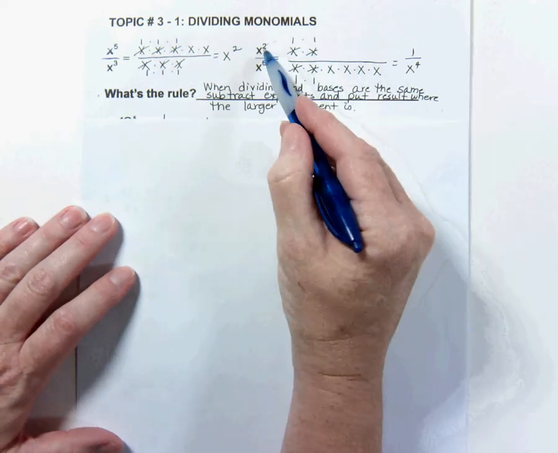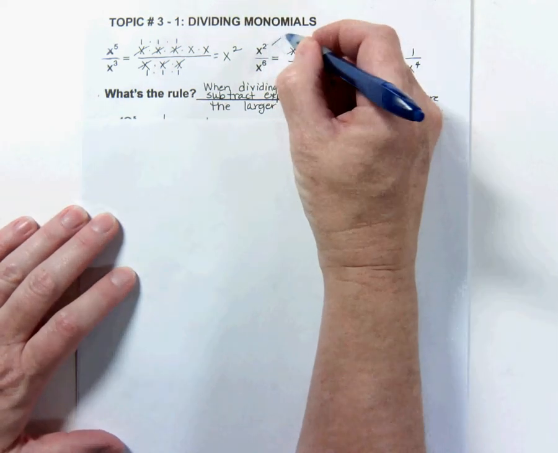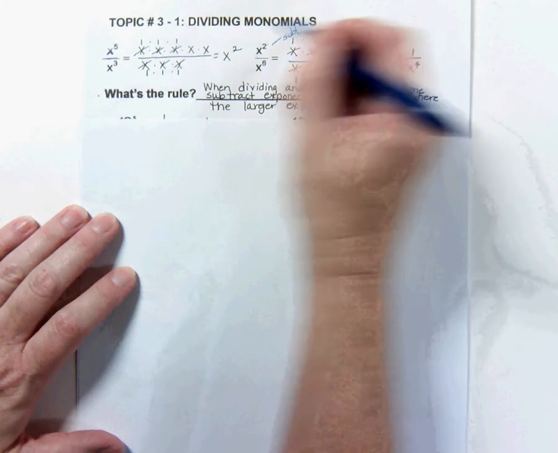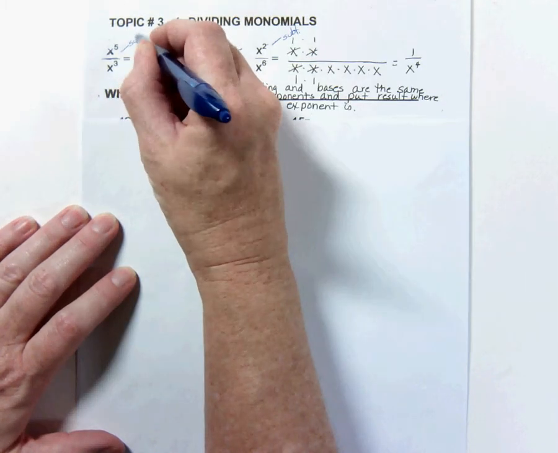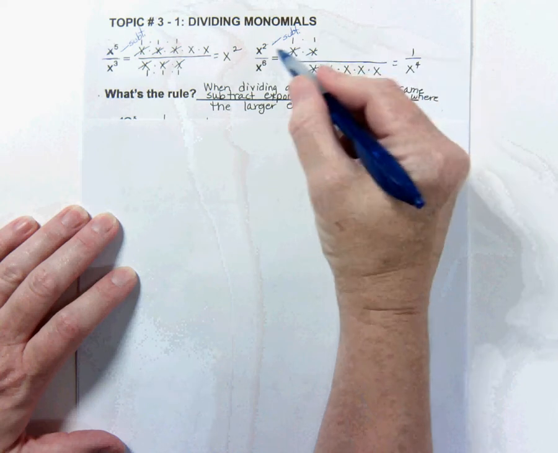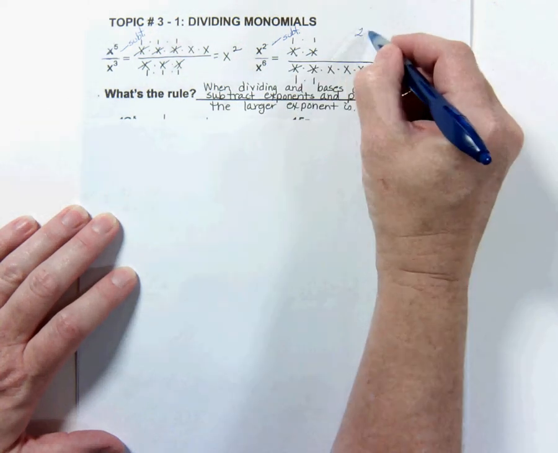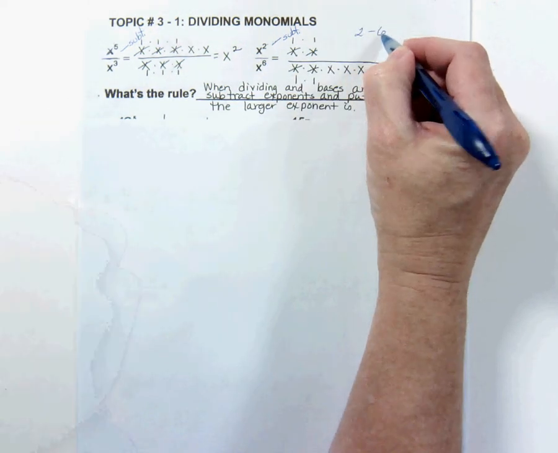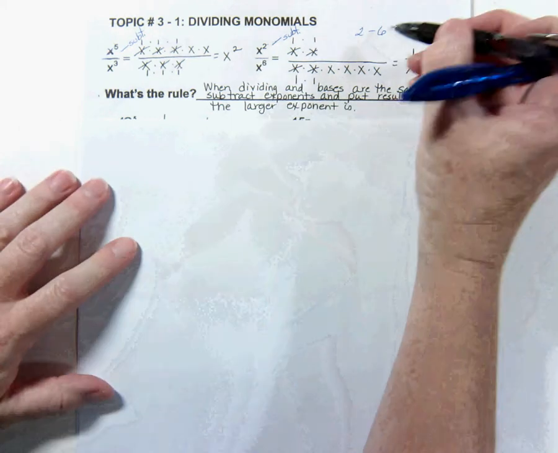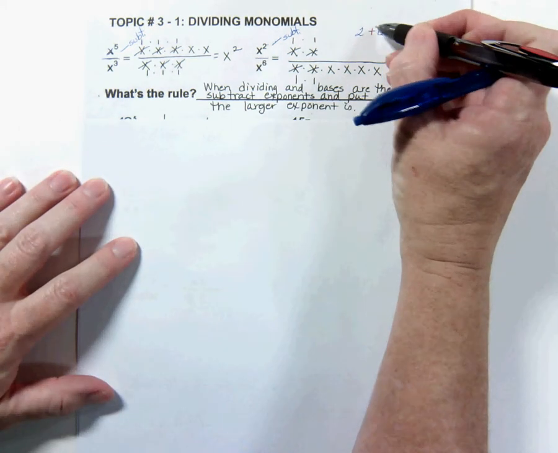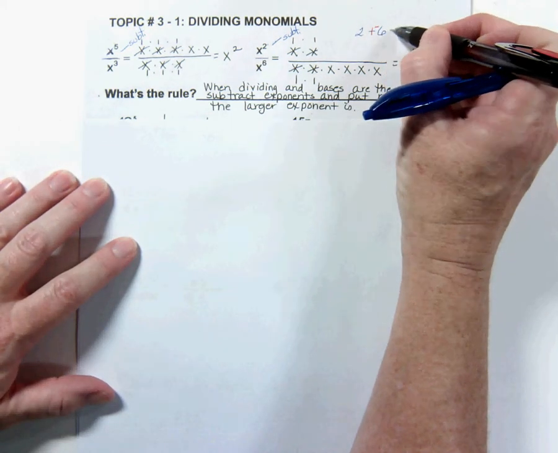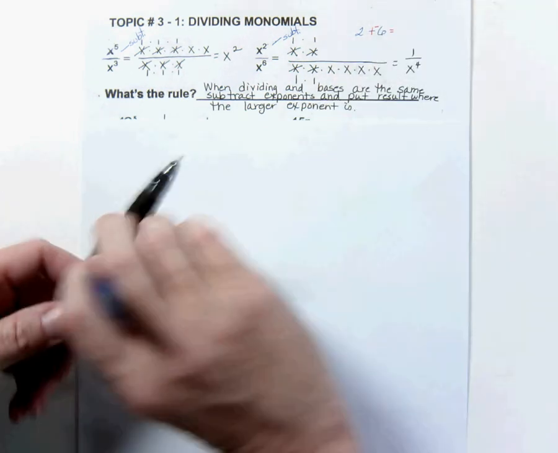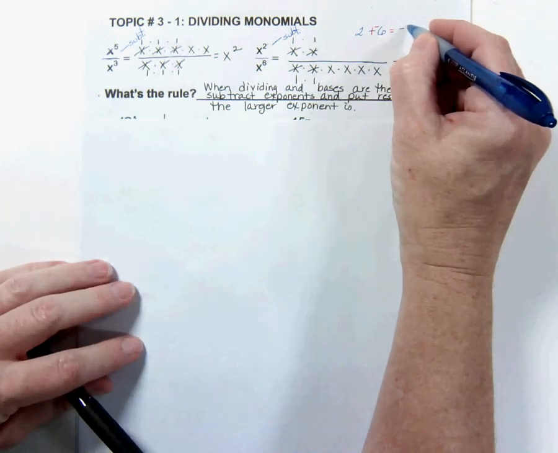So if you can think of this as subtraction, I'm going to put that here too. But remember, when you subtract 2 minus 6, that's like saying 2, change this to the opposite, plus a negative 6, so that equals negative 4.